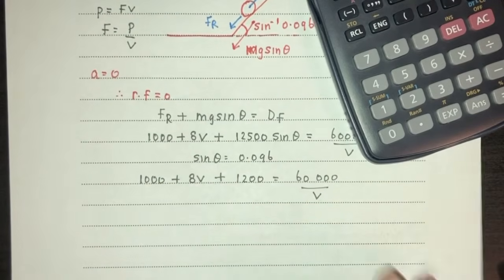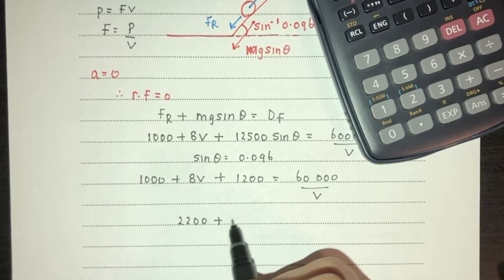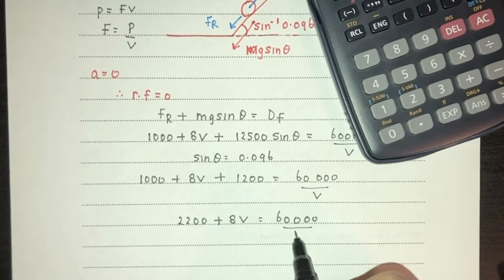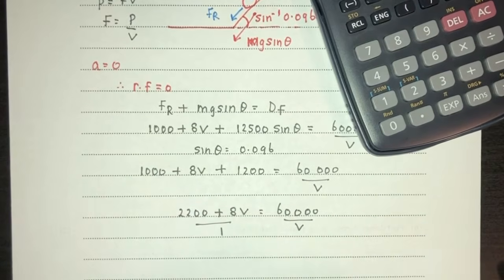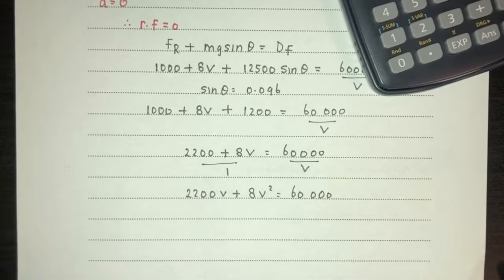Now simplify: we will have 2200 plus 8v equal to 60,000 over v. Now we can just cross multiply. You will have 2200v plus 8v squared equal to 60,000. Now let's move everything to one side.